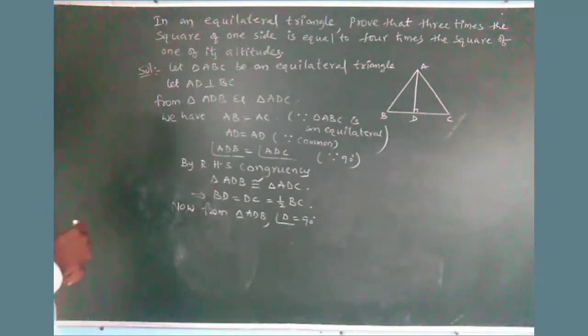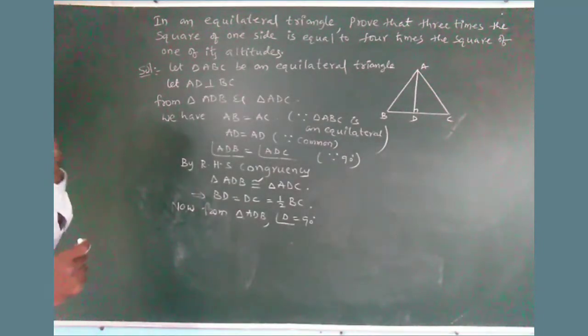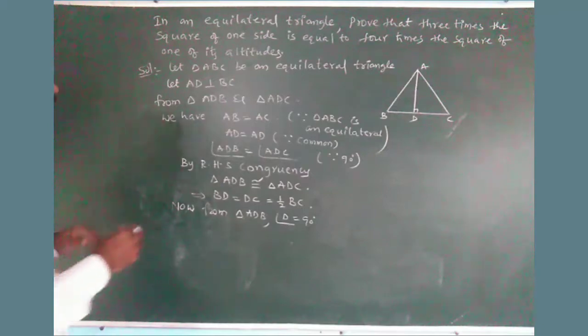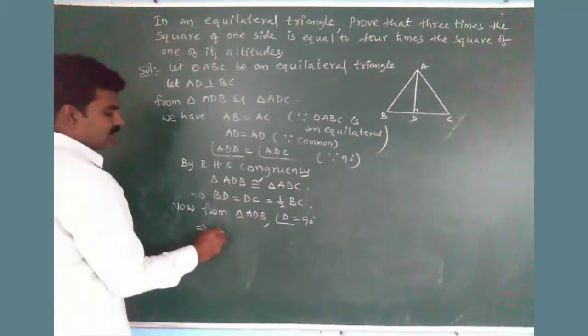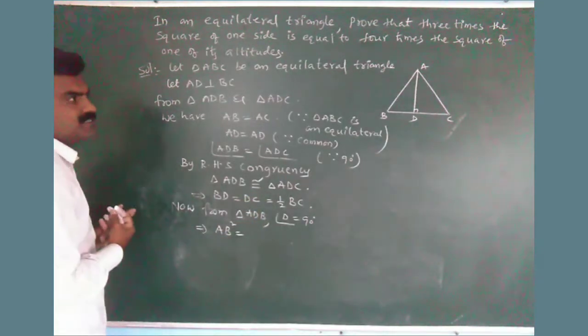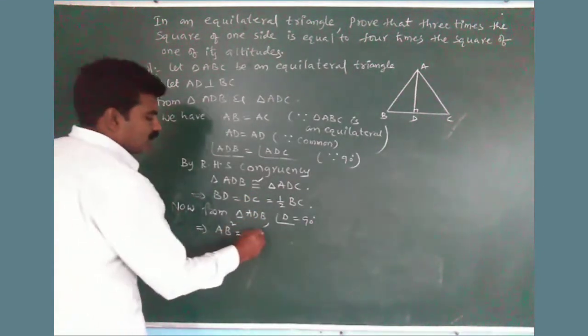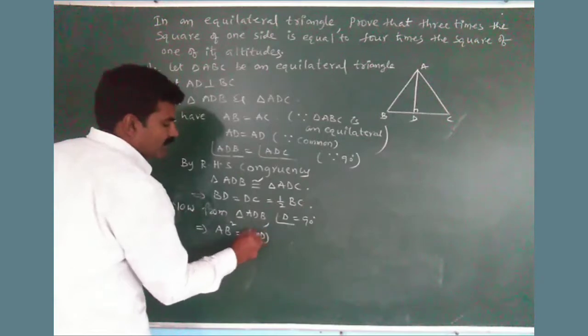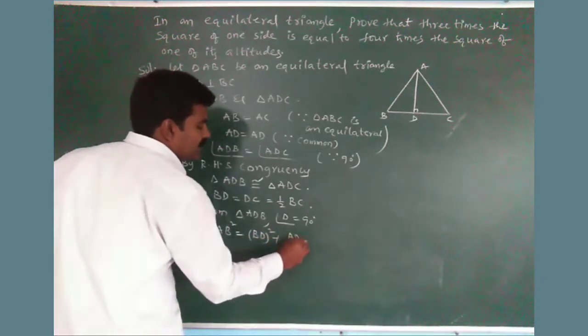Because of the right angle triangle, I can use the Pythagoras theorem. So according to Pythagoras, the square of the hypotenuse, AB square, is equal to BD square plus AD square.